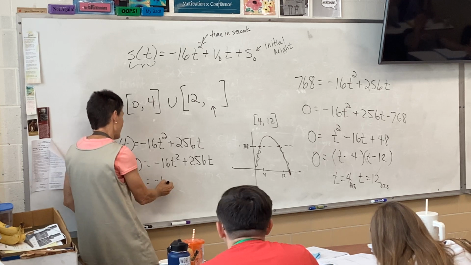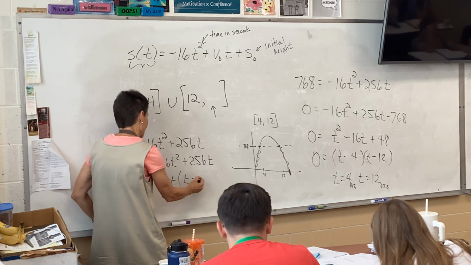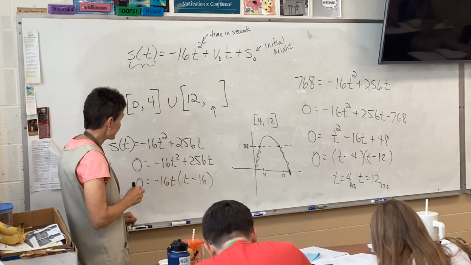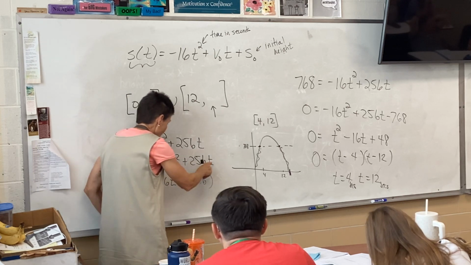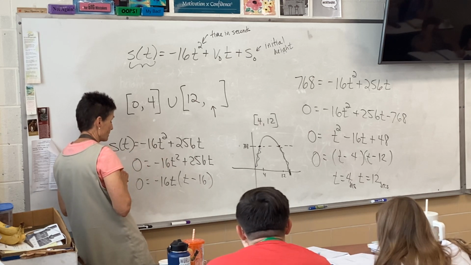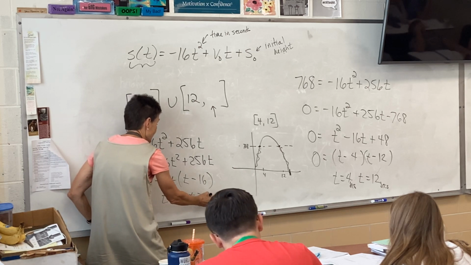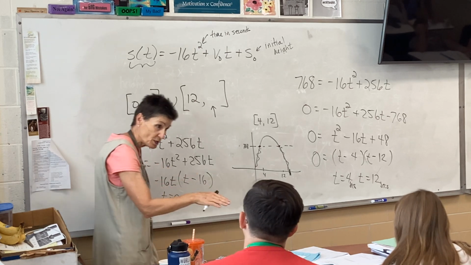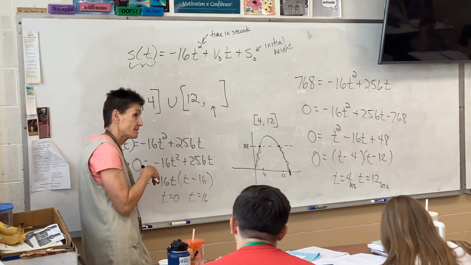One way is by factoring. So if I take out a negative 16t from my equation, the 768 isn't part of this conversation. I want to know when the ball is on the ground. So this says t is 0 or t is 16. What does that mean? It's on the ground at time 0, which we knew because it started there. And it's also on the ground at time 16.